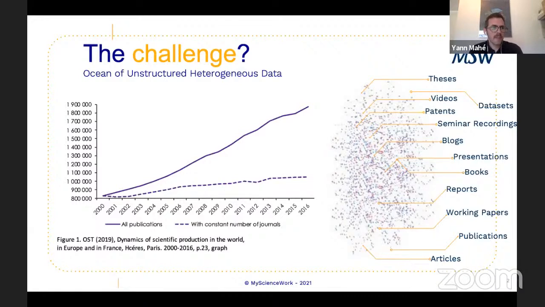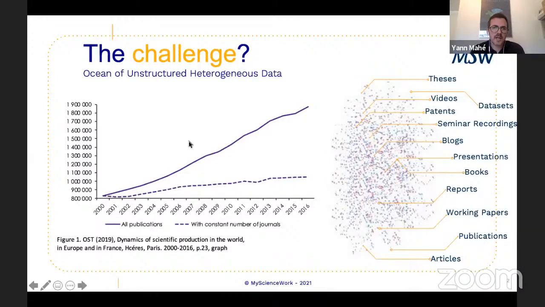And so turning infrastructure data into FAIR data helps to answer this challenge. So that's the first challenge. I mean, it's really an ocean of data and how we can ensure that we can use it.